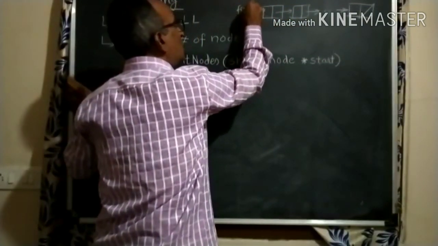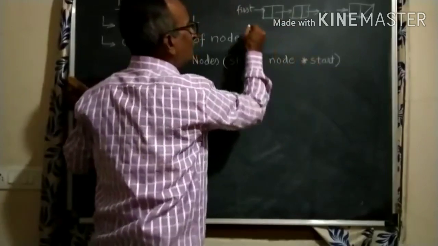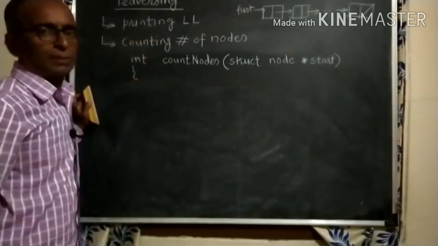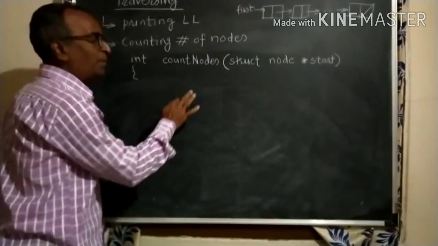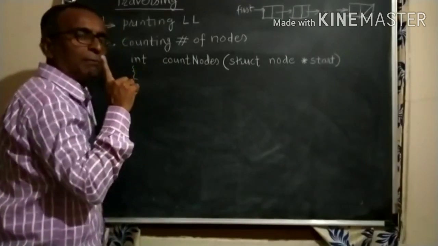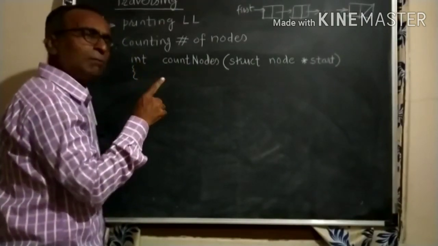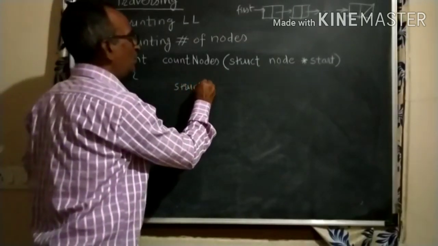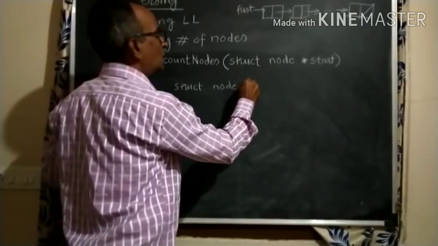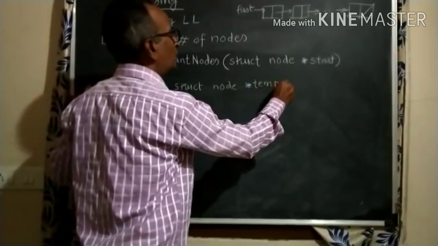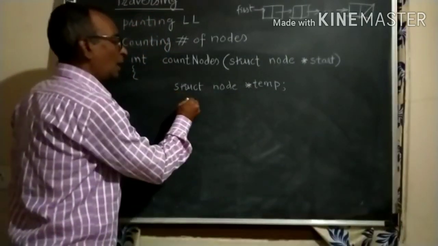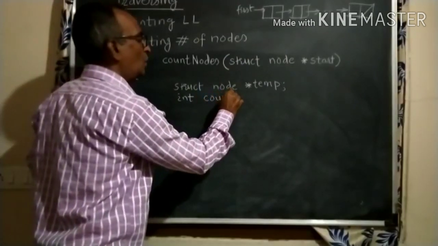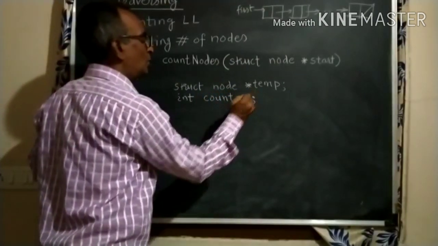This is the list, and this address is given to start. Now I have the first node's address. So what I have to do here, for counting nodes, I need one temporary variable always for traversing. So I'll declare one temporary variable, struct node star temp. Then I need int count, one variable for counting, and I'll initialize it to 0.